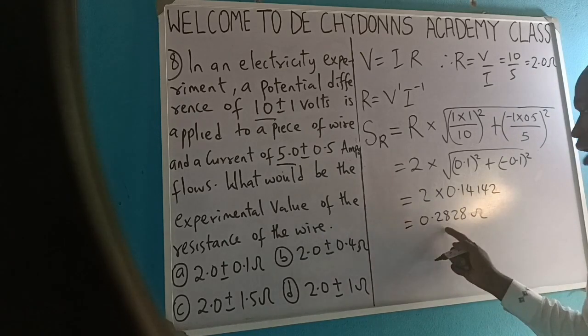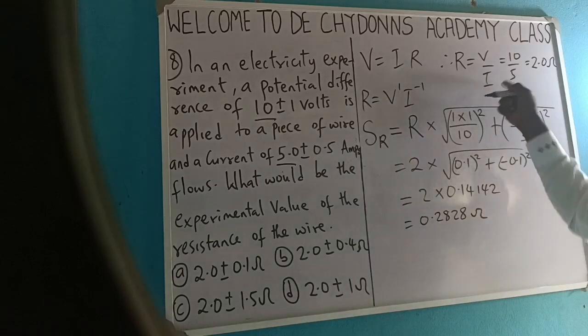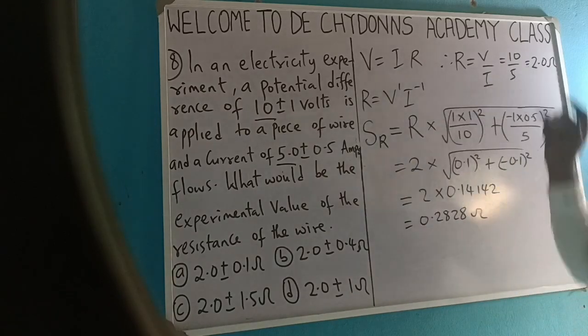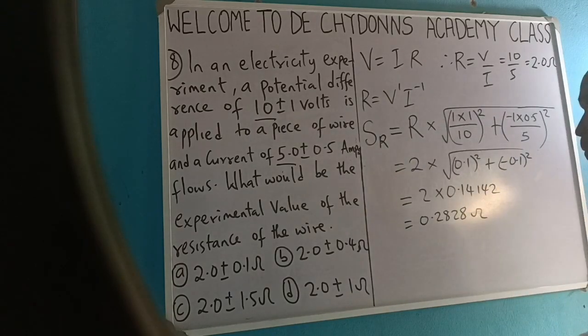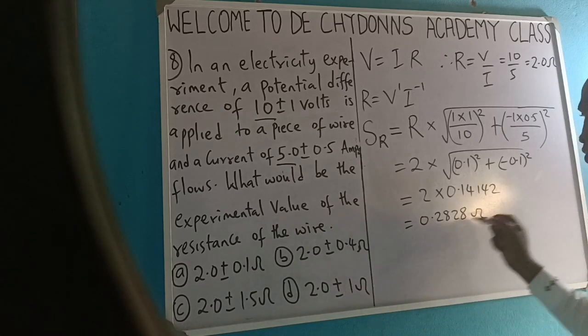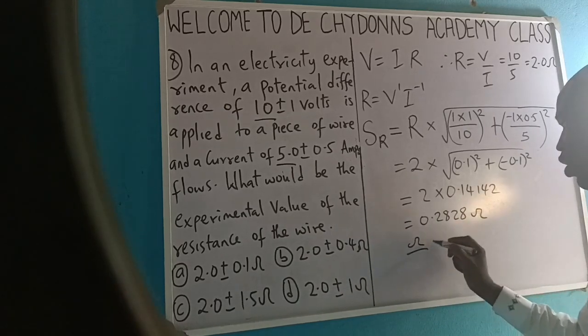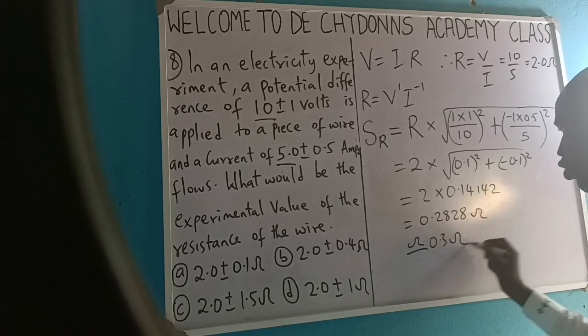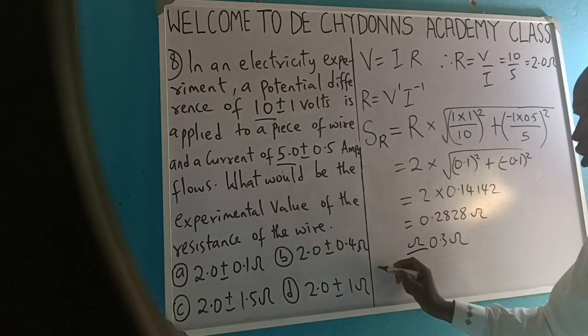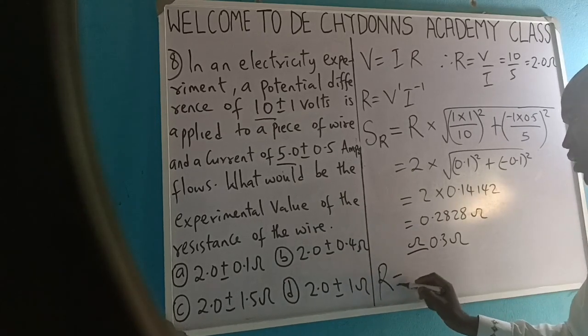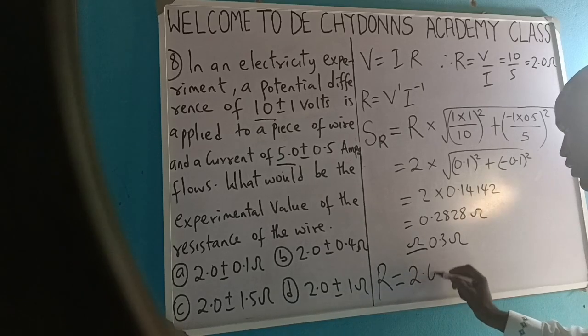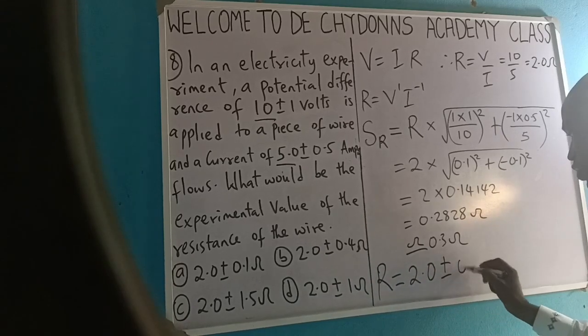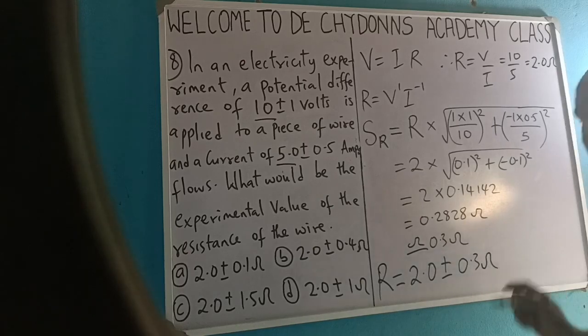See, look at the error we encountered in getting the effective resistance of the resistor. Okay? Now, this is in one decimal place, approximated to 0.3 ohms. Therefore, our effective resistance is equal to 2.0 plus or minus 0.3 ohms.